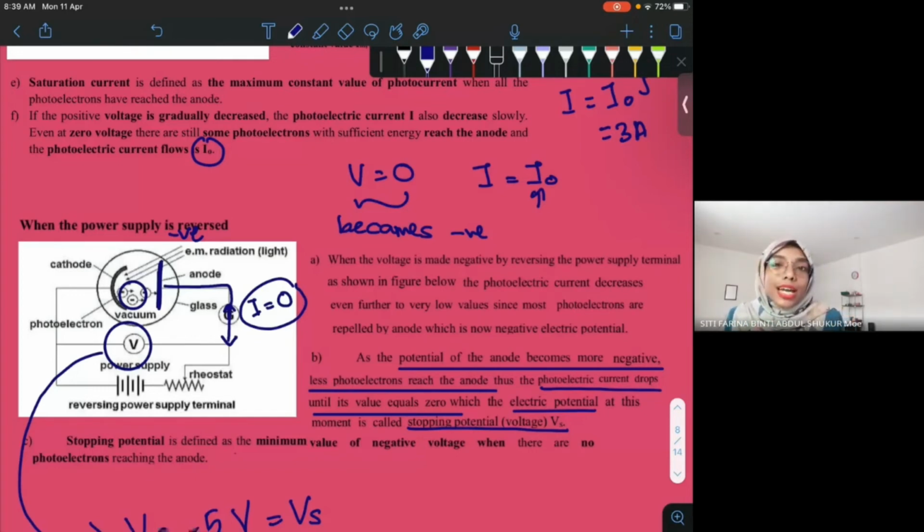Dalam proses dia tengah repel ini, okay, dia tak allow electron sampai. So bila electron tak sampai, dia tak boleh allow current to flow lah, because it does not have electron to flow across dia. Okay, so when you slowly repel the electron, you are going to slowly decrease the current further daripada I0.